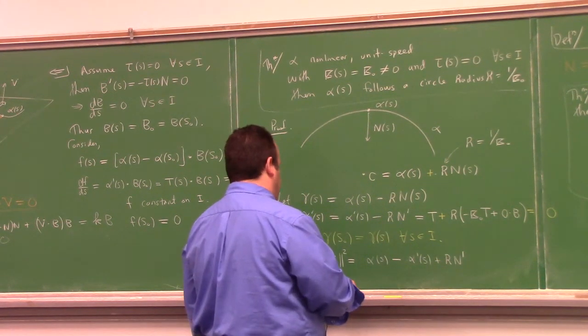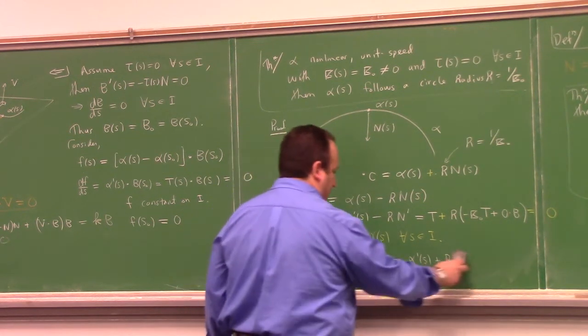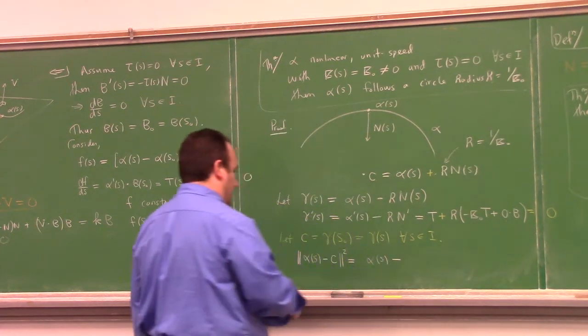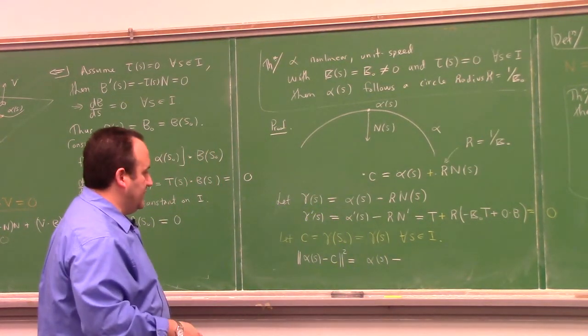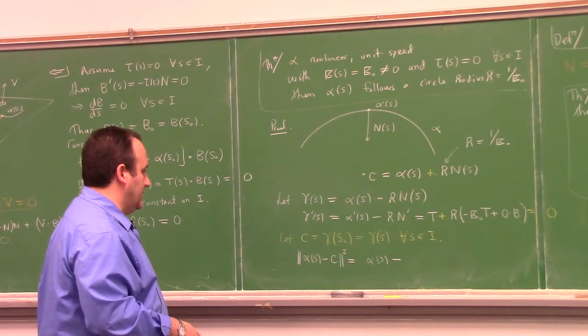Oh, I'm sorry. I'm mixing my derivatives and my other formulas. I've got to be careful here. So it's supposed to be alpha of s minus C. I'm too close to the board. Let's see here.